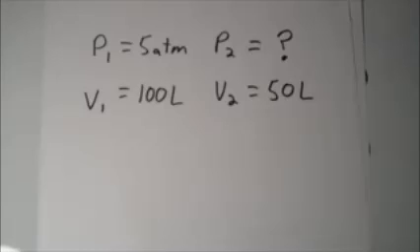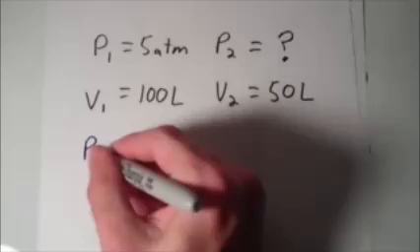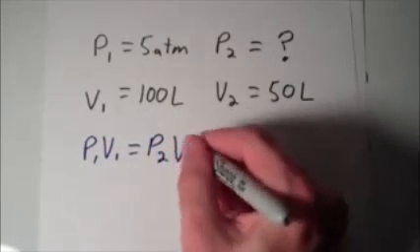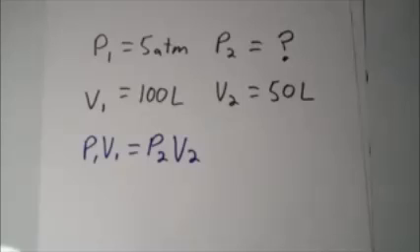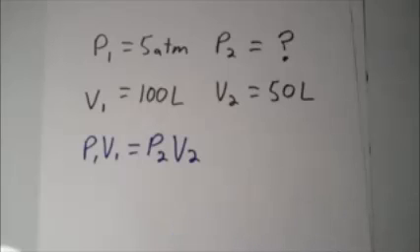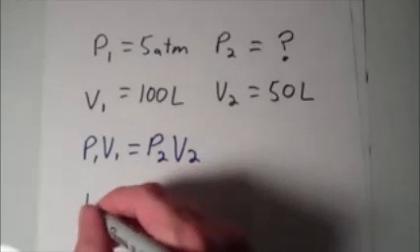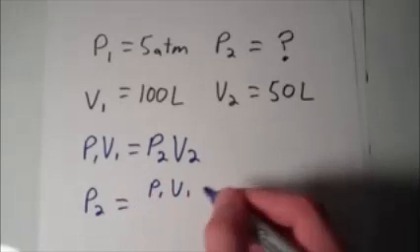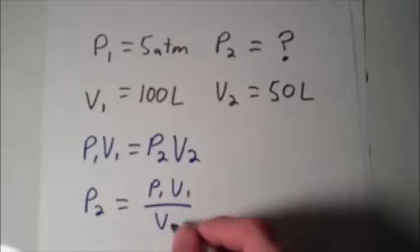Well, all you have to do is just use your two-point form of the equation. You can say P1 V1 equals P2 V2, which is just equal to some constant. We're looking for P2, so I'm going to divide the whole equation by V2, and I'm going to get that P2 is equal to P1 times V1 over V2.